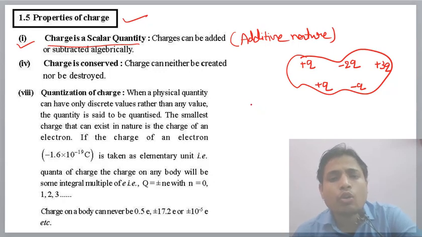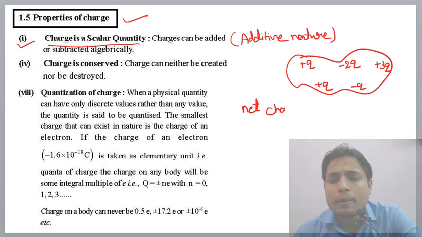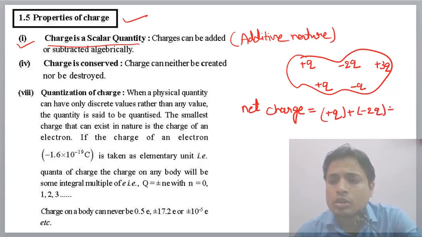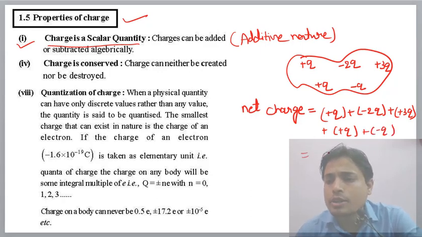Then what will be the net charge? We can calculate the net charge by simple addition. Net charge will be plus Q plus minus 2Q plus 3Q plus Q plus minus Q. Now add the positive charges: plus 1 plus 3 plus 1, it will be plus 5.